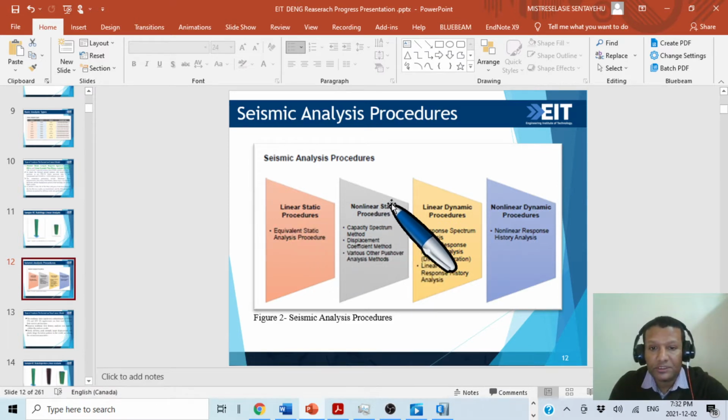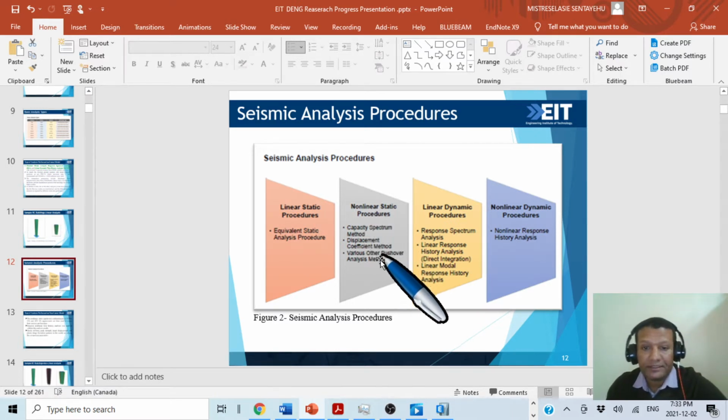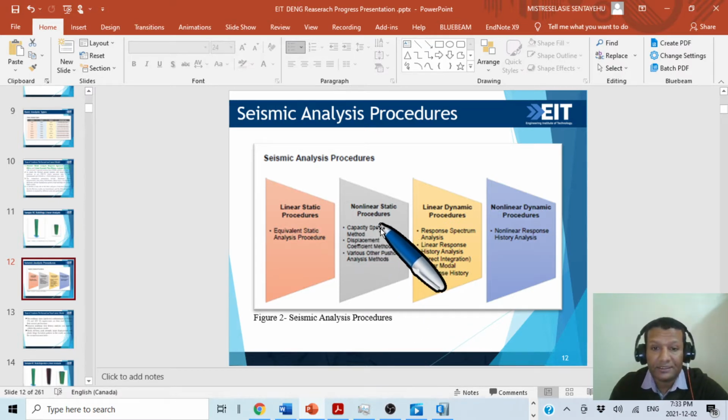Nonlinear static procedures, this one is pushover, the capacity spectrum method and the displacement coefficient method, and various other pushover analysis methods are there, but the capacity spectrum and displacement coefficient methods are very important. We will see them when we reach there, because these are the two methods we also have in ETABS.